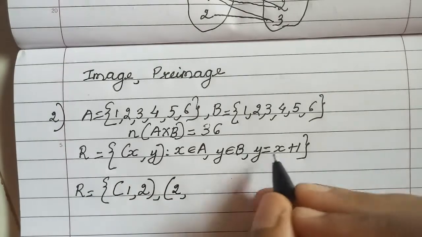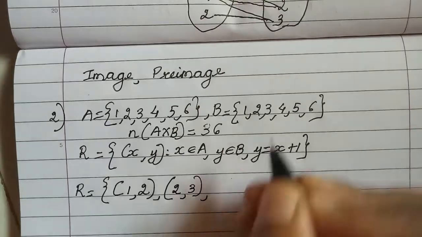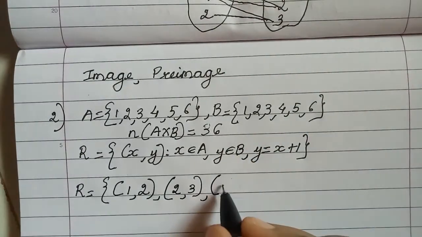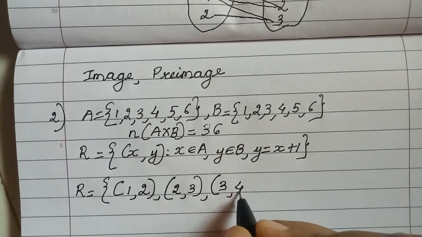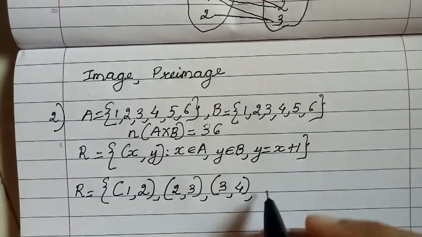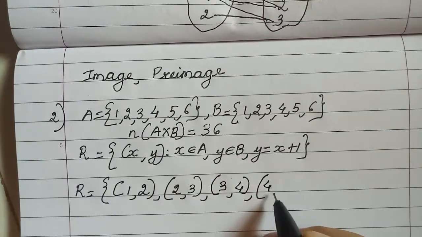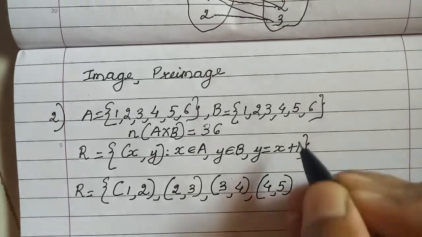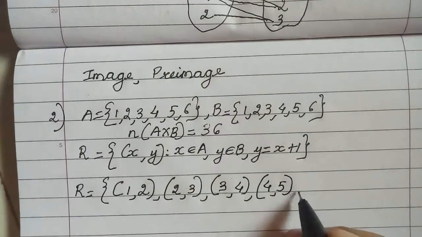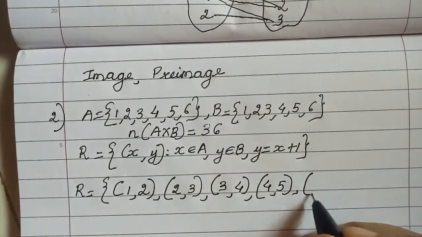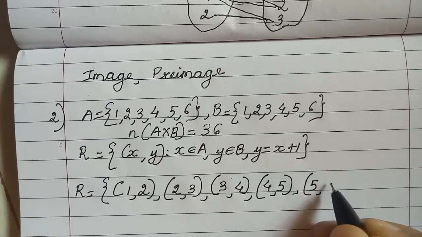If I take X as 2, my Y is going to be 3. Again 3 is there in B. Now if I take X as 3, Y is going to be 4. Again it is there in my set B. Now if I take X as 4, my Y is going to be 5. Again it is there in your set B. Now if I take X as 5, your Y is going to be 6.